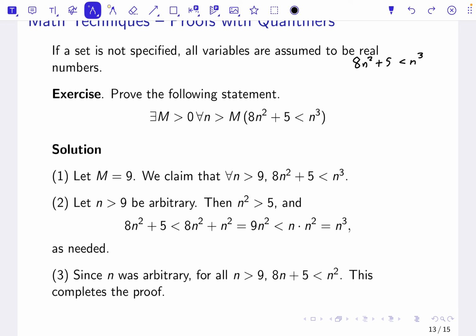So I'm going to try n greater than 5. I see a 5. That's a constant. I don't like the constant. Oops.